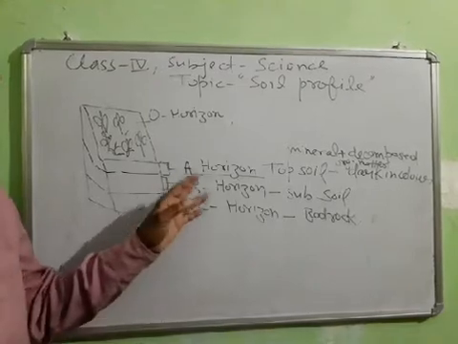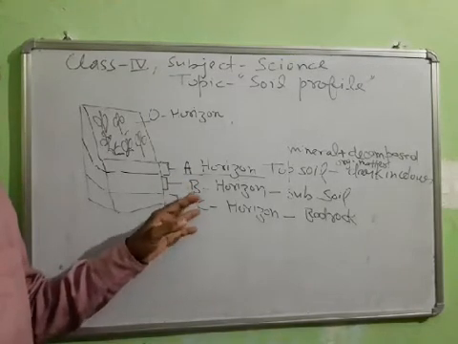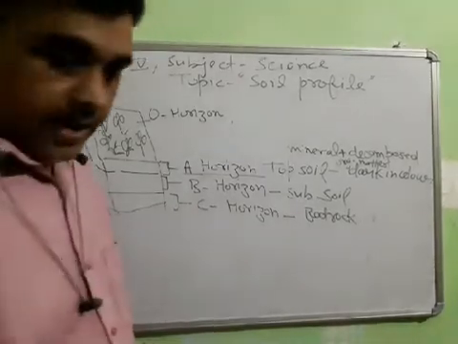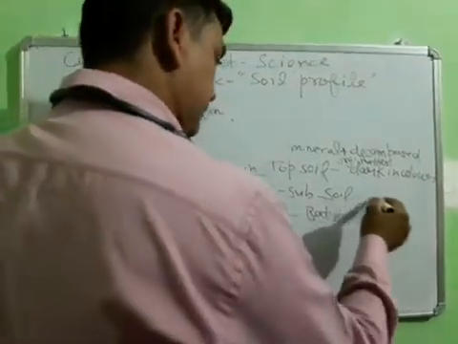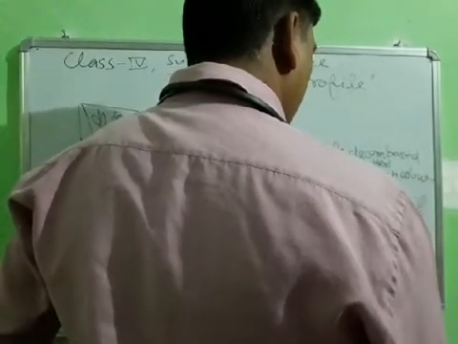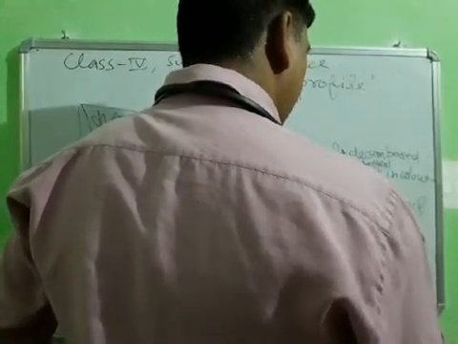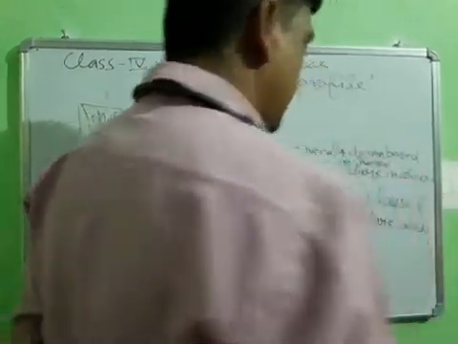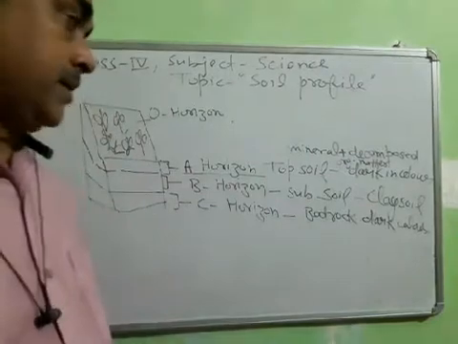And the B horizon is below the A horizon. This layer has clay soil, also dark color, but there is no humus.